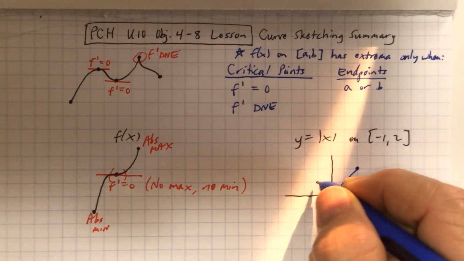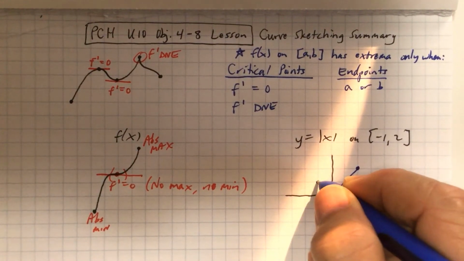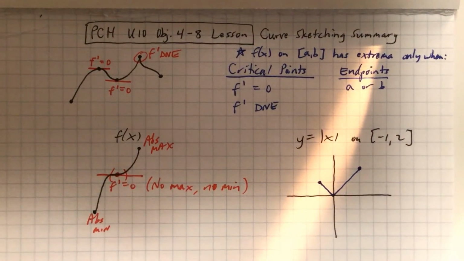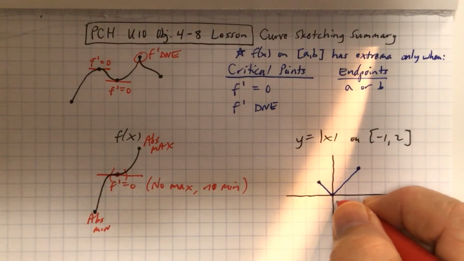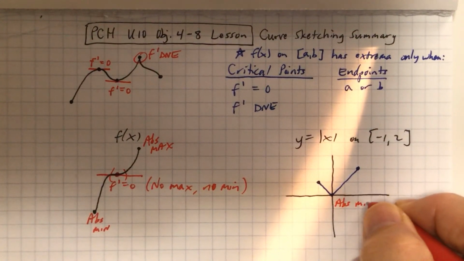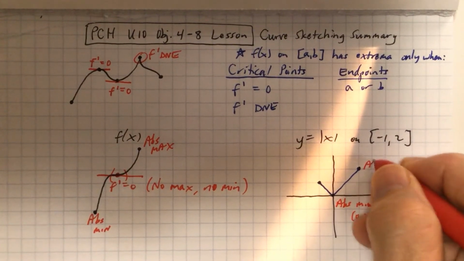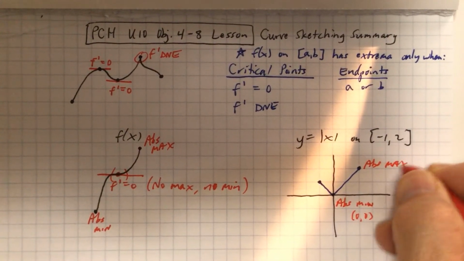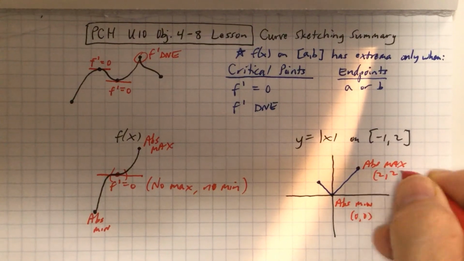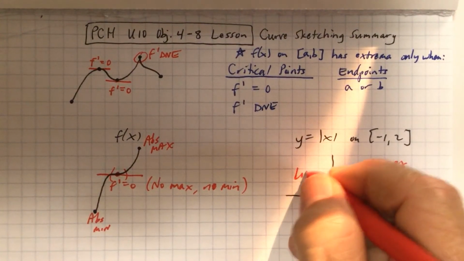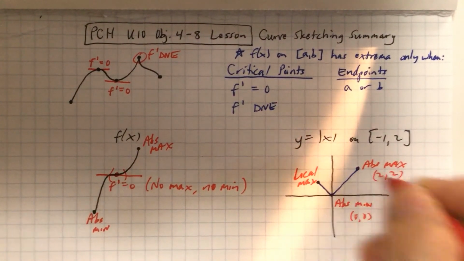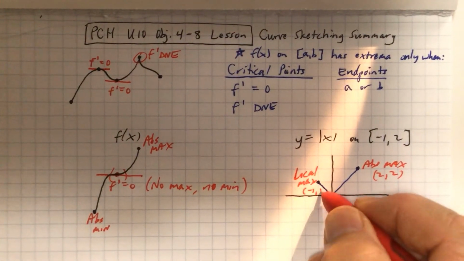You'd find f prime of 0 does not exist, but you'd also find that we have an absolute min at 0, 0, an absolute max right here at 2, 2, and a local max right here at the point -1, 1.